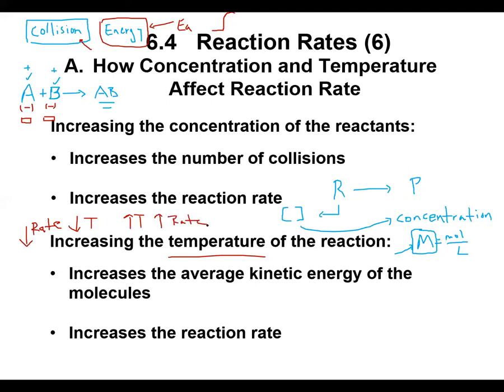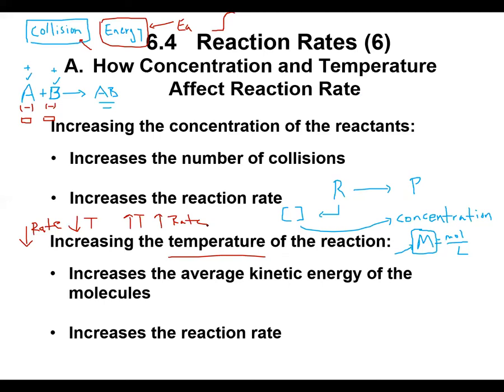So two really big factors that affect how fast or slow a reaction occurs, the rate again, is temperature. If you increase it, the rate typically increases. If you lower the temperature, the rate usually decreases. For example, a general rule is that every 10 degrees Celsius that you raise the temperature for a lot of reactions, that's enough to basically double the rate of how fast that reaction occurs.